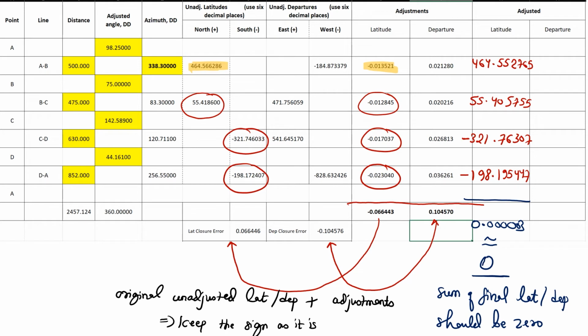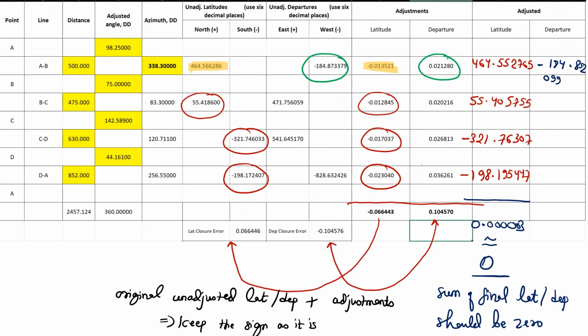So let's find the departure. You take this and you add this value. So minus 184.873379 plus 0.021280. You'd get something like negative 184.852099.